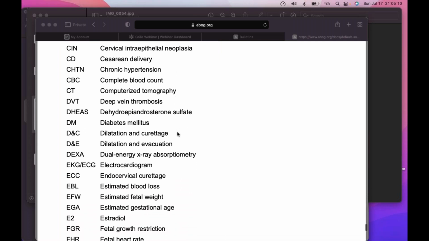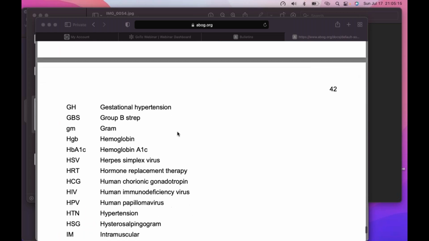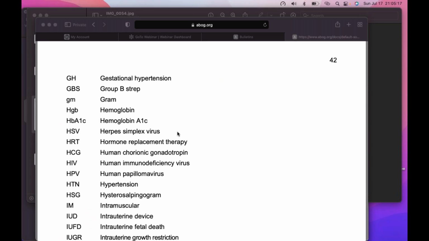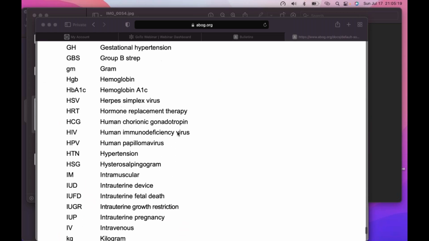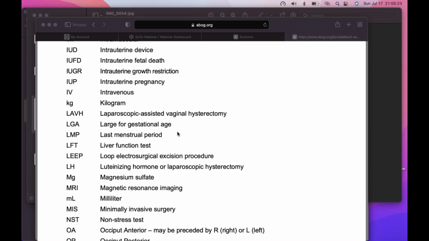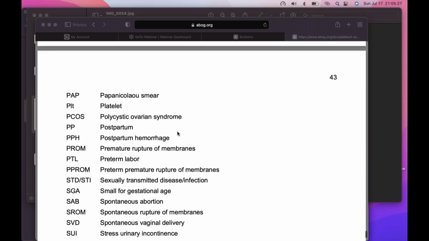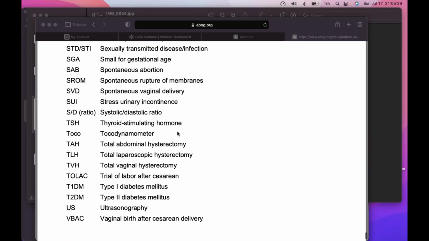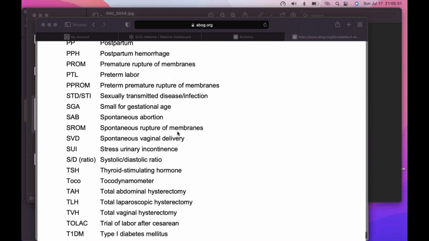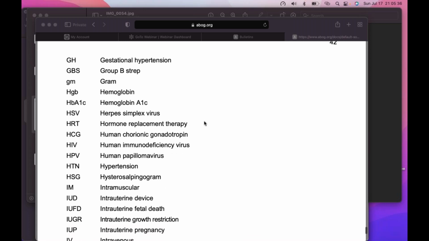If you don't see an abbreviation that you currently have in your case list on this list, if it's not in the approved abbreviations, then I would write it out. That's the safest thing to do. They have quite a few of the popular abbreviations that we use, but make sure that you look at this again before you add any of your abbreviations, okay?